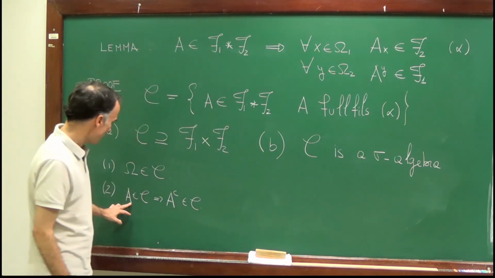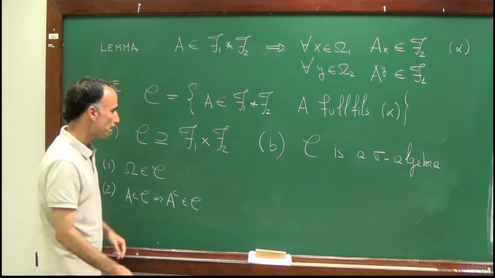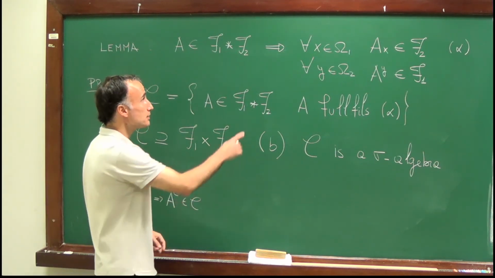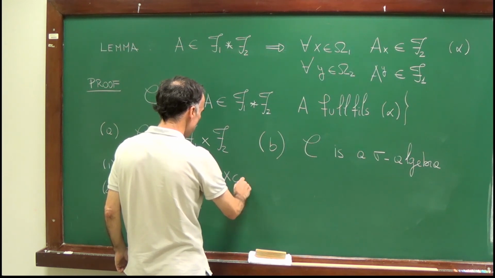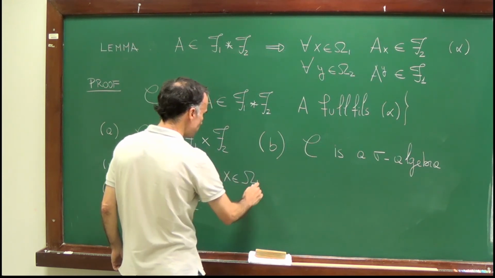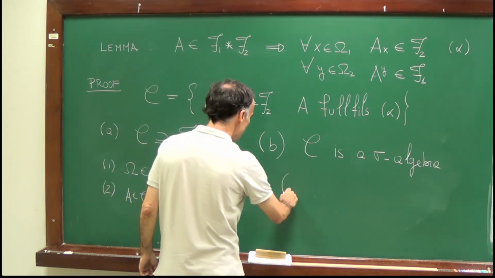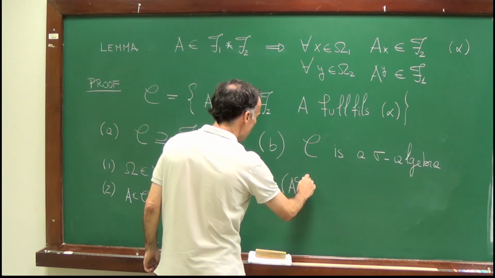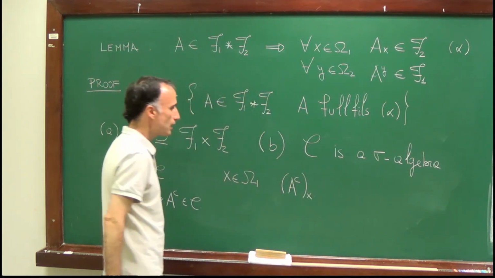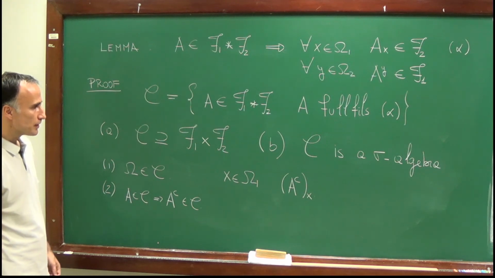So let's consider A in C. I want to show that A complement is in C, so I fix x in omega 1, and I have to consider the cross-section at x of A complement.